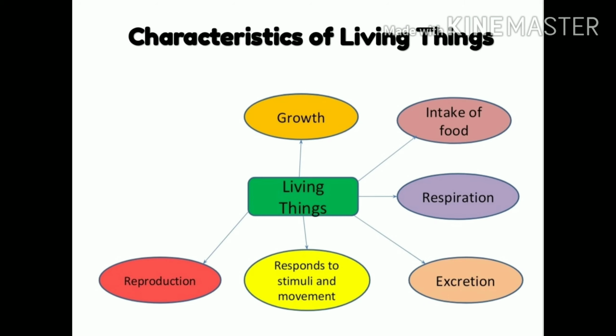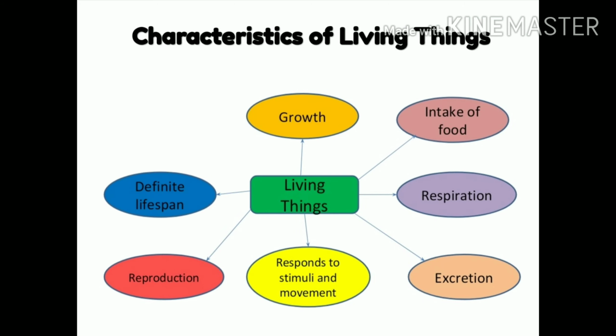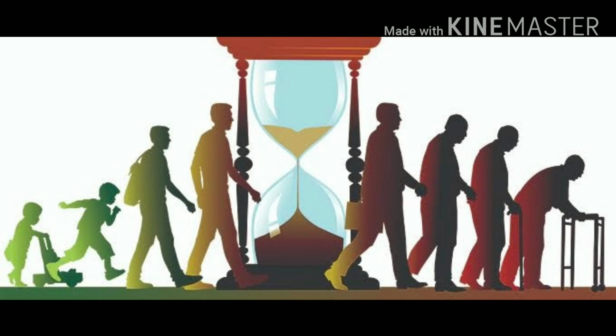Let us see the next characteristic of the living organism, that is a definite lifespan. We can also define it as the average life of a living thing. Students, we know that living things have the capability of producing another living thing similar to itself.